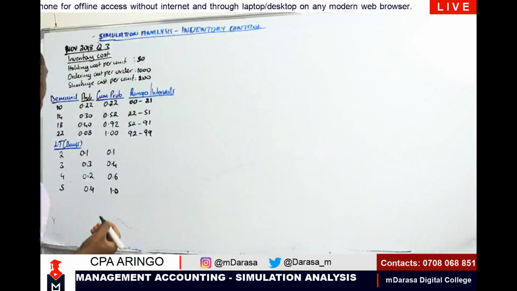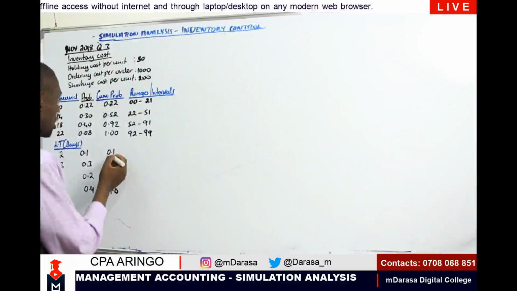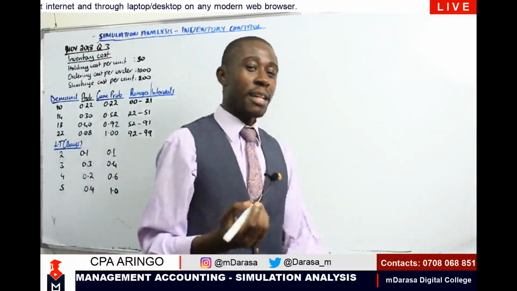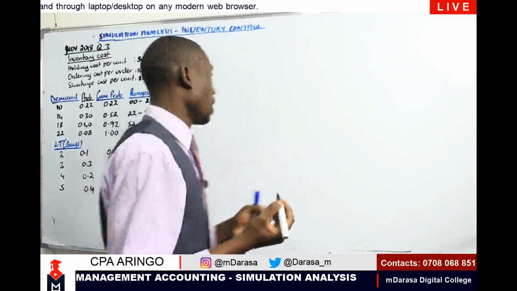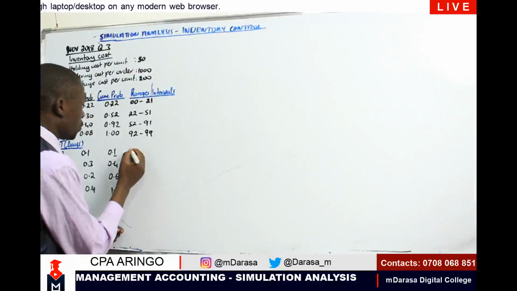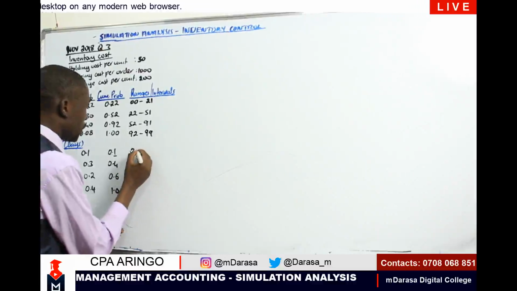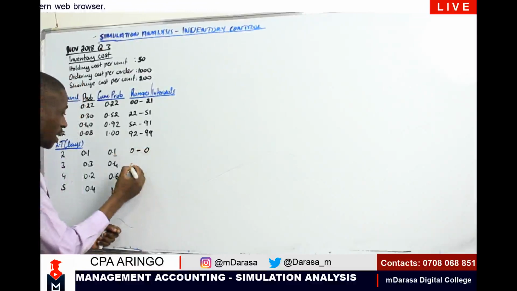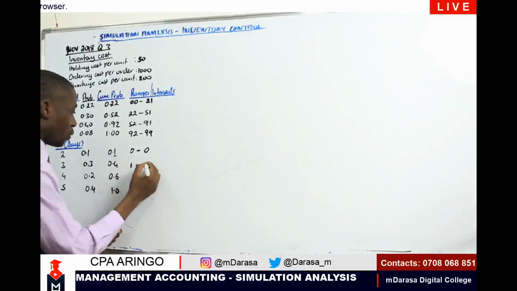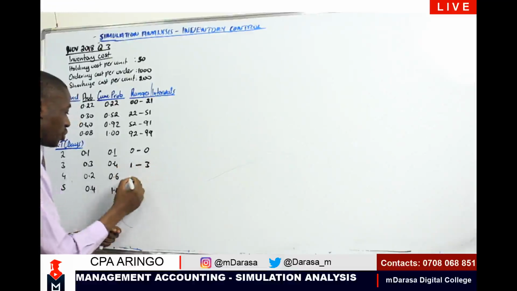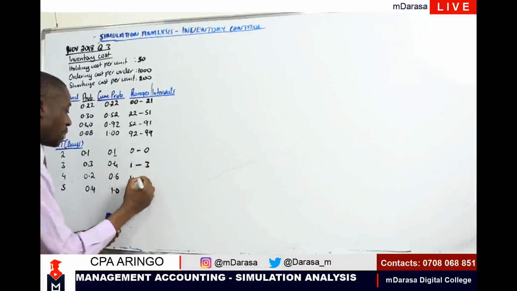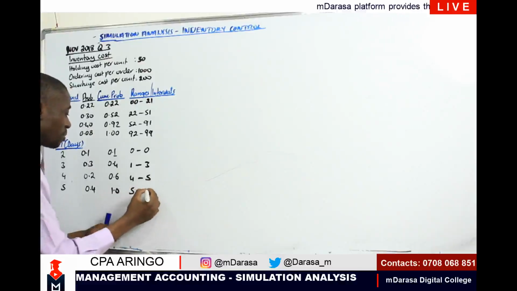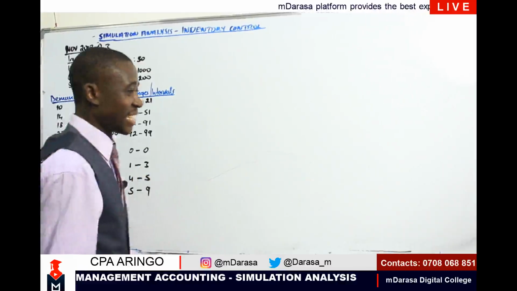Then after I'm done with that, consider the next range. Under lead time, we only had 1 decimal place, therefore our range should also be 1 digit. So we have 0 to 0, then 1 to 3, then 4 to 5, then 6 to 9.